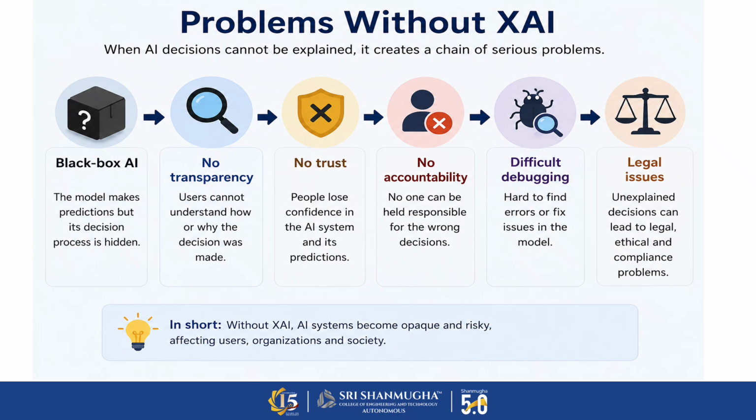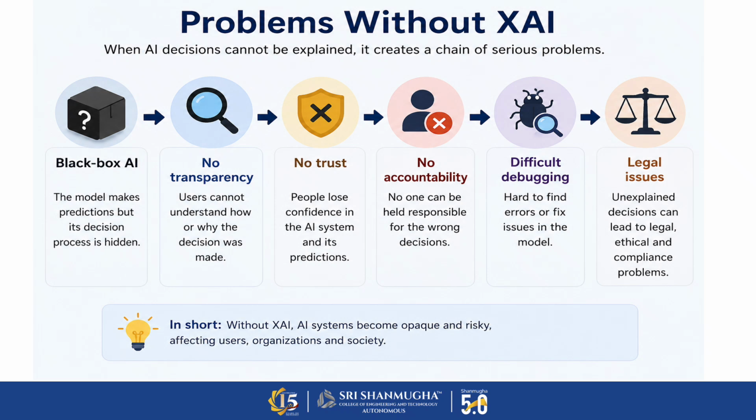No trust, because people lose confidence, because if the doctor gives you medicine without giving the reason, it is very difficult for you to trust him, right? Similarly, no accountability: no one can be held responsible for wrong decisions. If the machine makes a wrong decision, the doctor accepts it as correct and prescribes the medicines, and we follow it without any reason, then the doctor is not accountable, right?